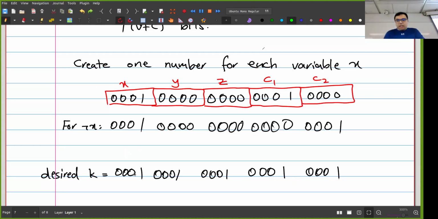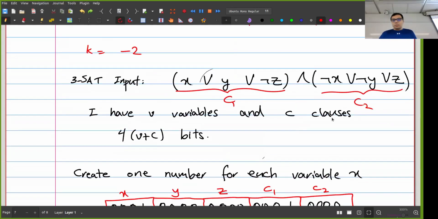Okay. Now, the only issue was that I might be able to satisfy some of my clauses in several different ways. For example, suppose that I have this clause, and let's say that I want to assign true to z and false to y. Okay.